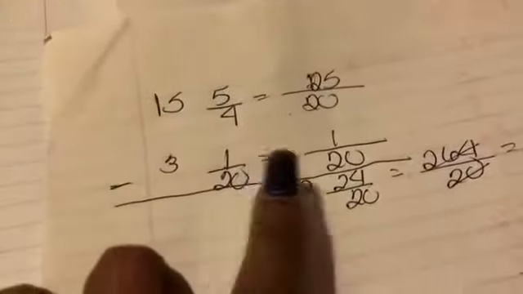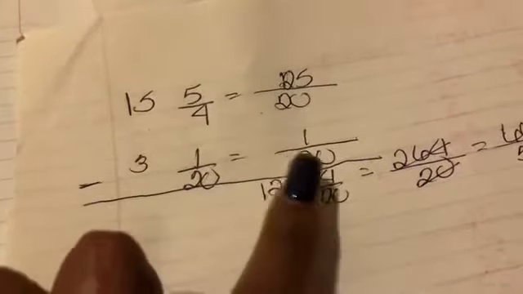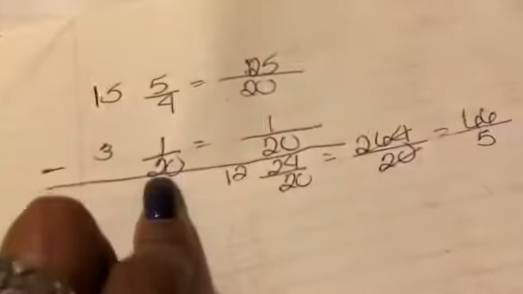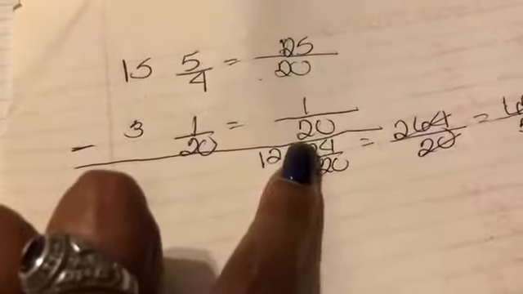Again, you got 15 and 5/4 minus 3 and 1 over 20. You're going to find the common denominator, which is 20 for both. Okay, 20 divided by 20 is 1. 1 times 1 is 1. 4 divided by 20 is 5. 5 times 5 is 25. You're going to draw your line.